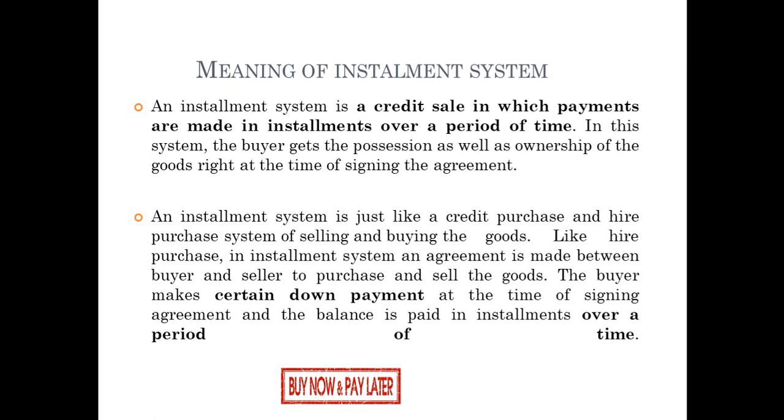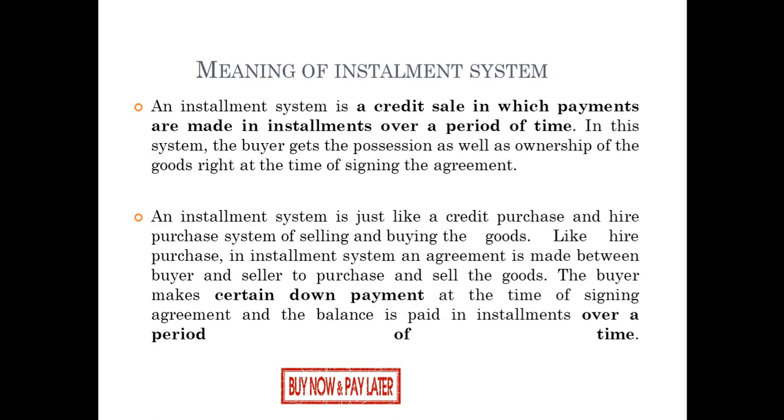One such thing you already know is the installment system. It is a credit sale, so immediately we are not going to make the payment. The payments are distributed over a period of time, and each payment we make is called an installment.